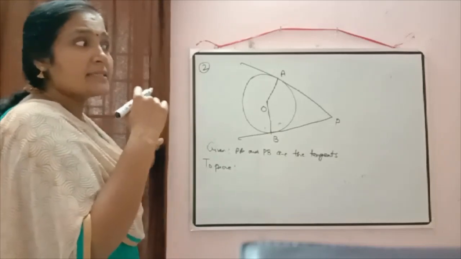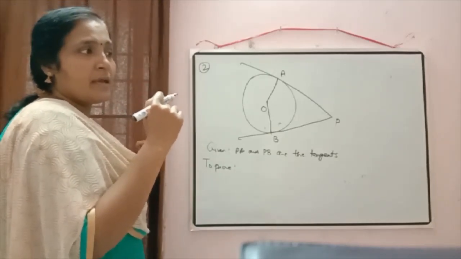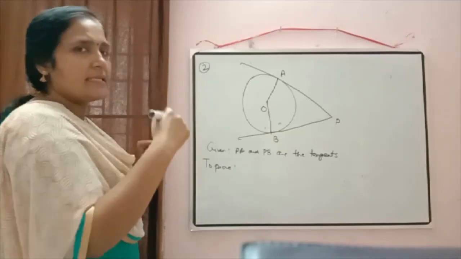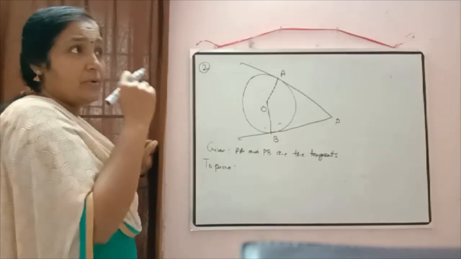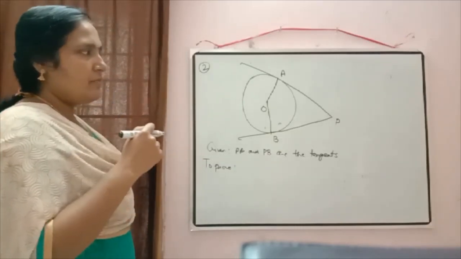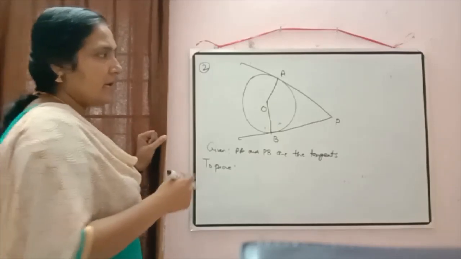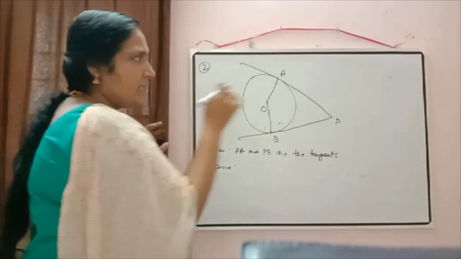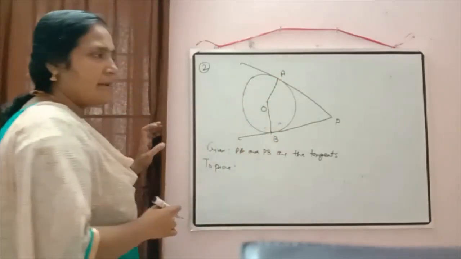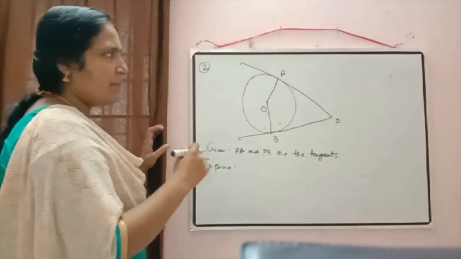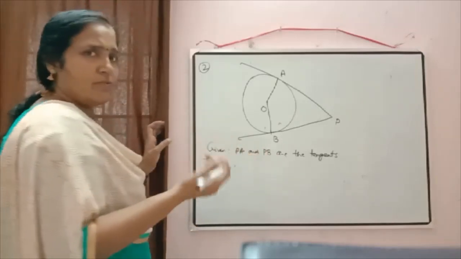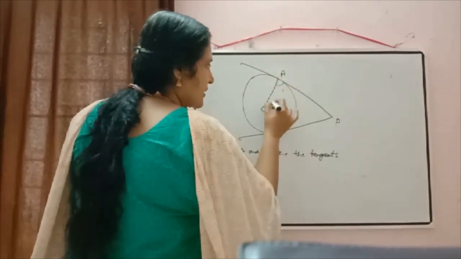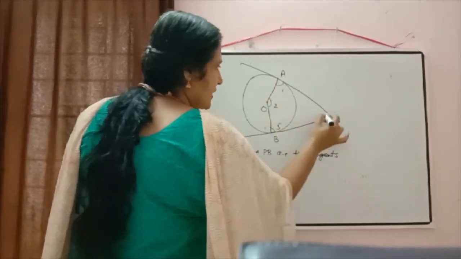What do you mean by a cyclic quadrilateral? Yes, if it is a cyclic quadrilateral, the sum of opposite angles should be equal to 180 degrees. If you check the opposite angles here, angle O and angle P are opposite angles, and angle A and angle B are opposite angles. I am writing the complete name. If you don't want to write the complete name, you can name them angle 1, 2, 3, 4.